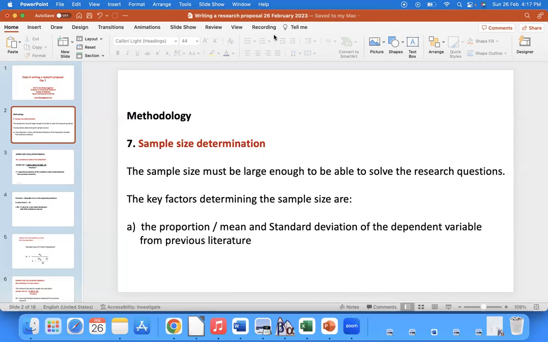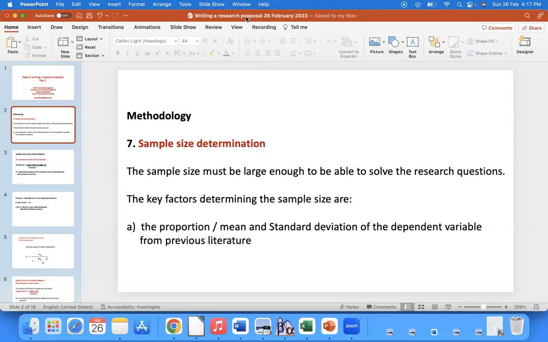How much should be alpha error? How much should be beta error? Yes, 80% power is needed. 80% power means beta error should be 20% or less. Alpha error is more important. Alpha error should be 5% or less.